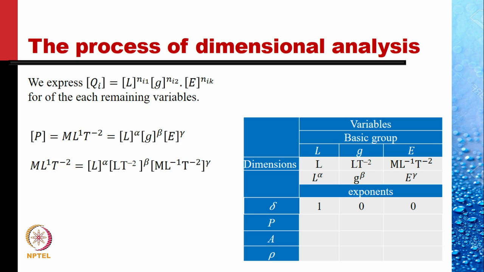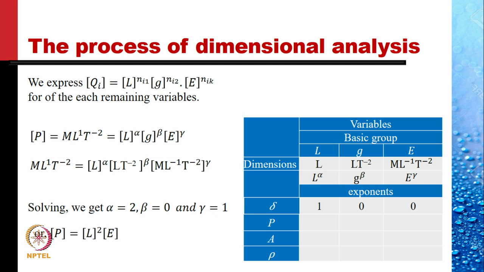Now, dimensional homogeneity requires that the value of alpha should be 2. We can write the equation. Dimension of M would mean that M on the left-hand side should be equal to, on the right-hand side, M raised to power gamma. So gamma must be 1.